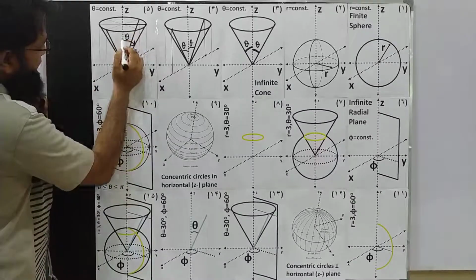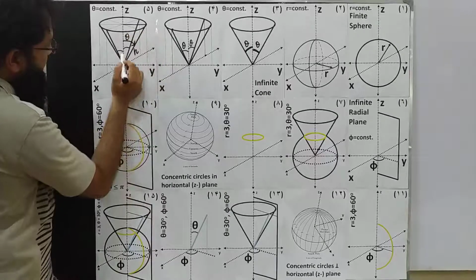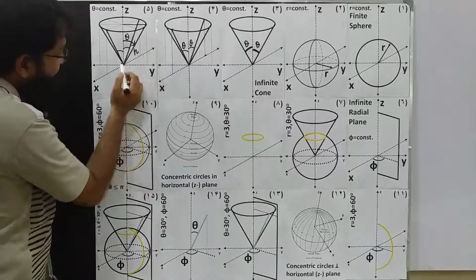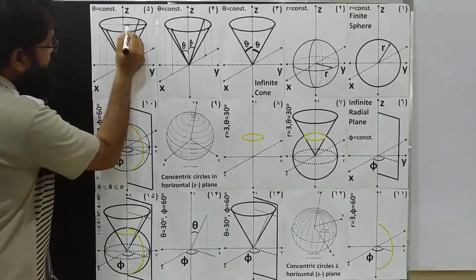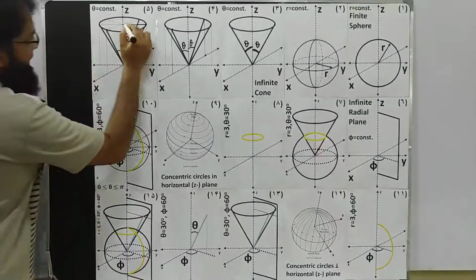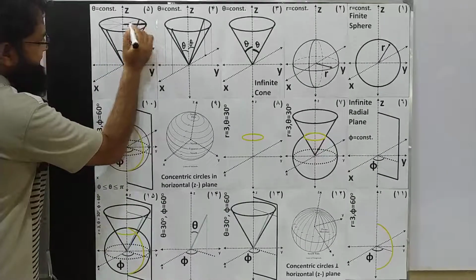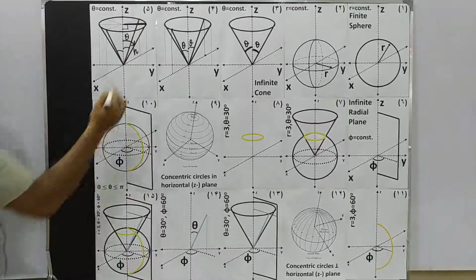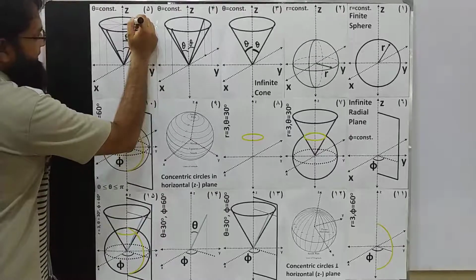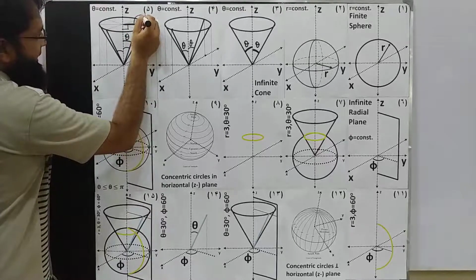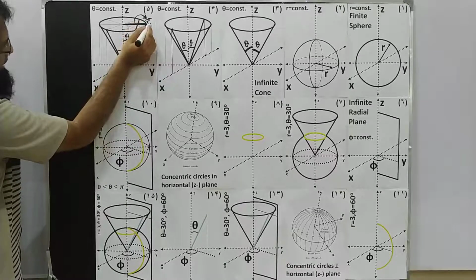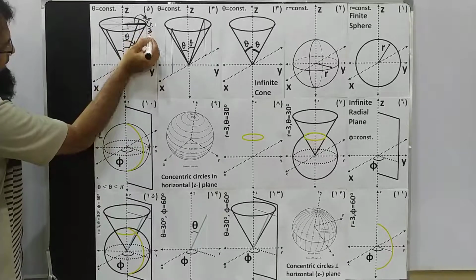So now we have got a right angle triangle. This is the radius. And so the radius, from your basic trigonometry, will be r sine theta.